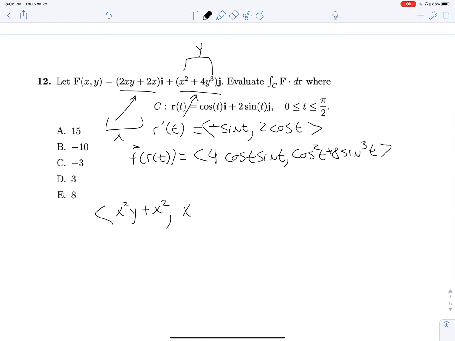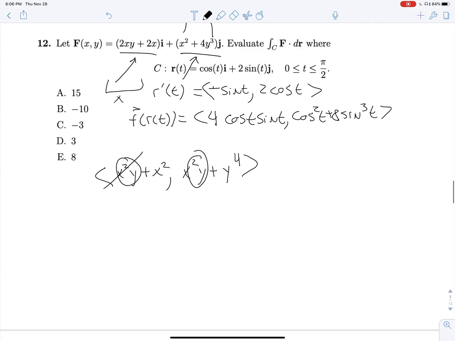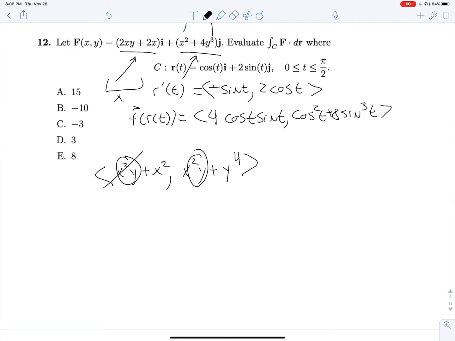And over here we'll get x squared y plus y to the fourth. And this is great because we see some overlap here. So these came from the same source, so we only count them once. And we are left with our potential function f as being equal to, well, it's not a vector, it's a scalar, x squared y plus x squared plus y to the fourth.